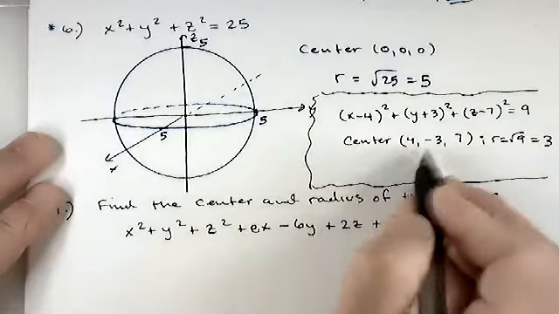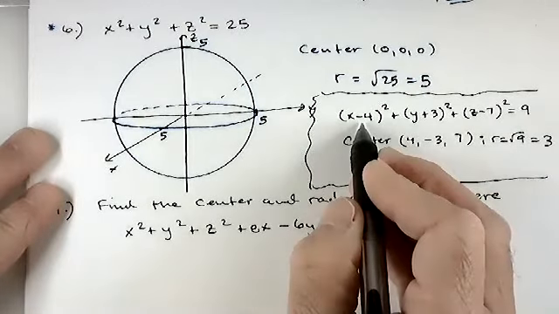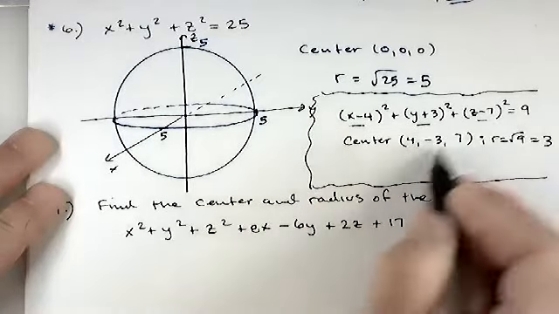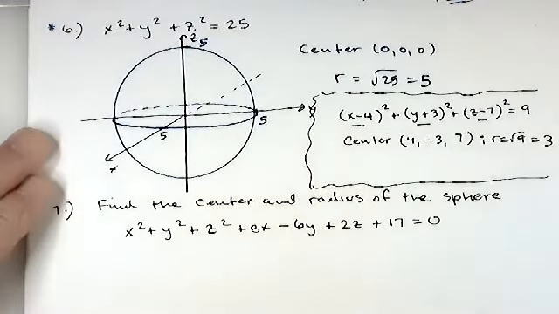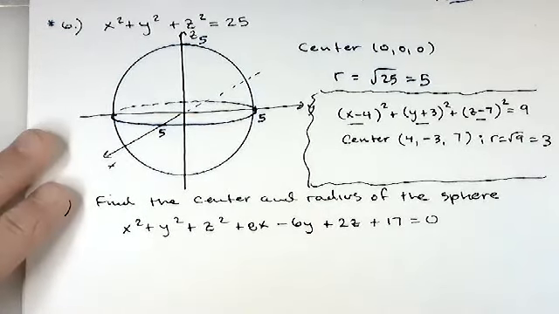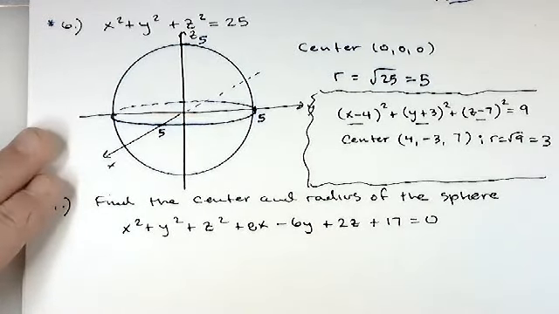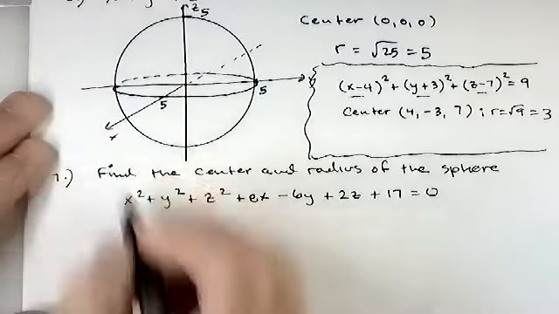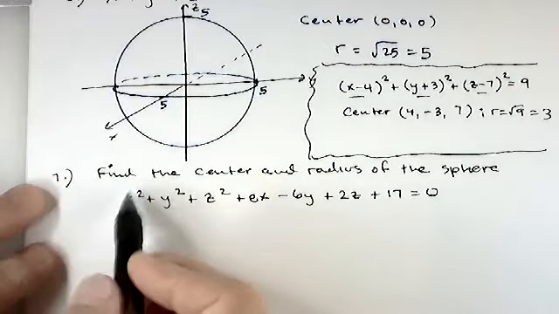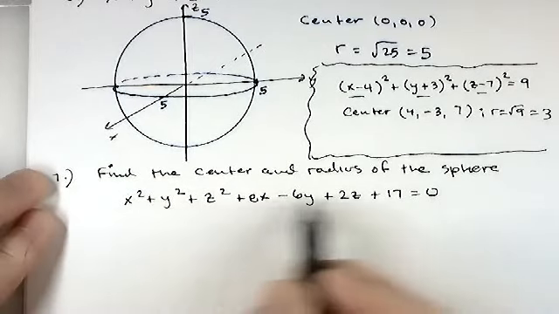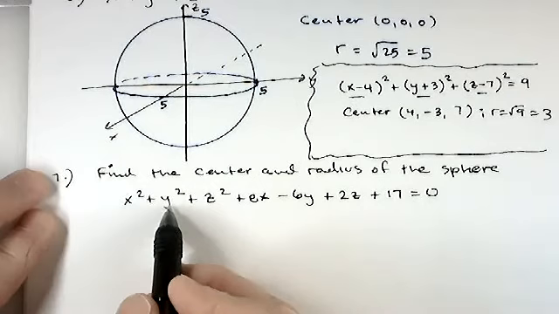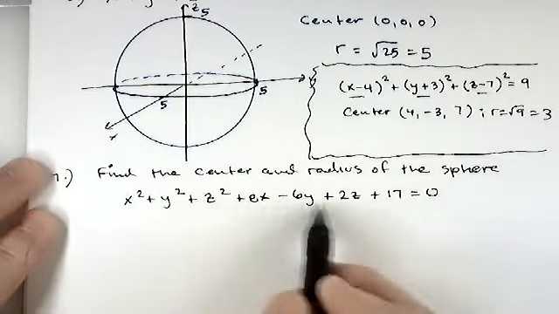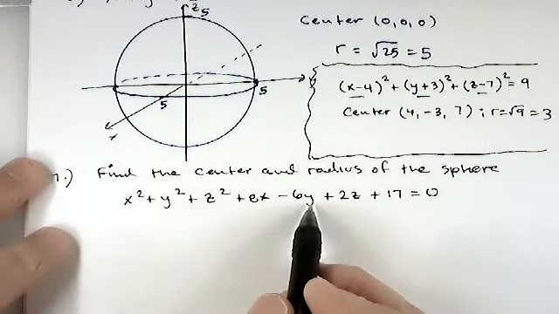So you'll know what it looks like when your center is not at 0, 0, 0, because it can be written like this, and then you can figure out what the center is. Which leads into this problem. I know this is a sphere because it has x squared, y squared, and z squared all added together. But with these extra terms right here, it's hard to see what the center is.